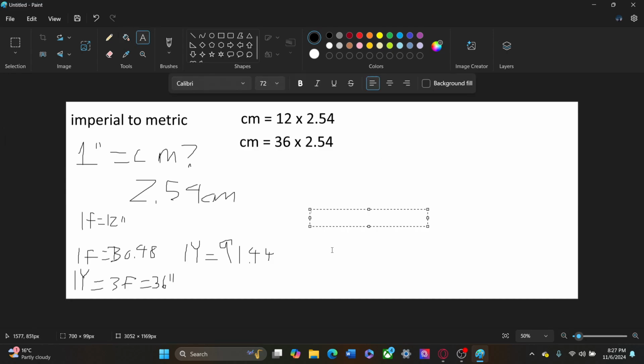So as long as you can remember this first one, that 1 inch equals 2.54 centimeters, all you have to remember is the imperial side now.